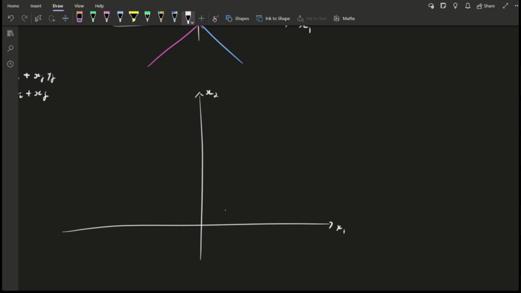So let's say we have a decision boundary that originally looks something like this with a really long theta. This side is positive, this side is negative, and you have a point somewhere here, and you want this point to be classified positively. This will be some vector that looks like this.